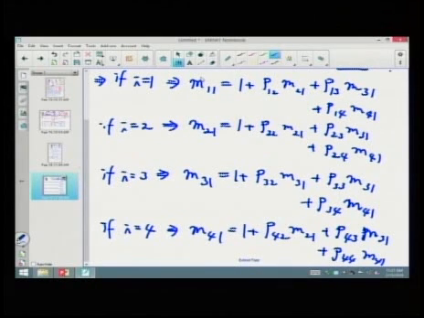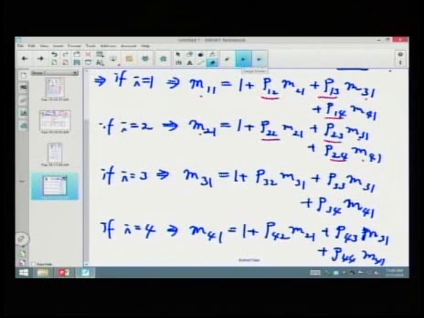Here we know all of these p-values, right? All of these p-values are known, and all of the m's are unknown variables. Is that right?